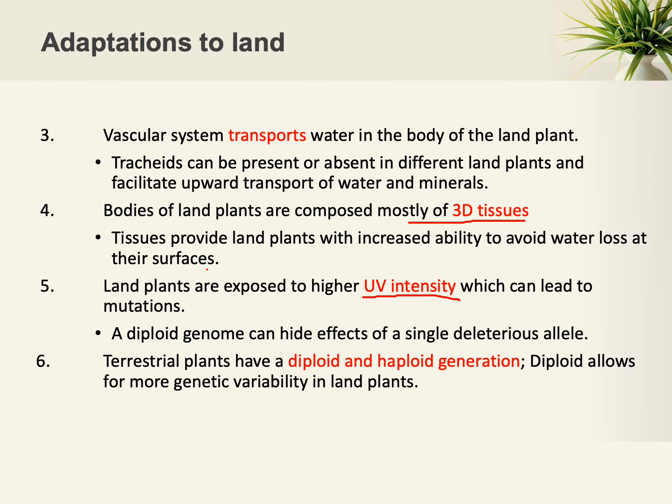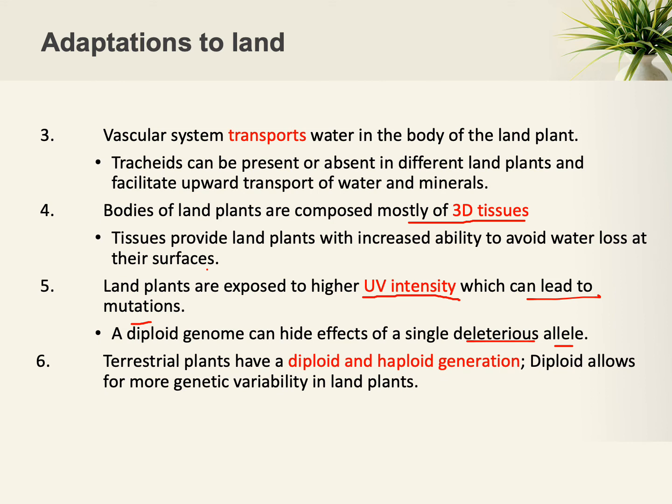However, this UV intensity can lead to mutations. By mutation, it means that there is a diploid genome which can hide the effect of a deleterious allele. The next one, terrestrial plants have a diploid and haploid generation. So there are 6 adaptations to land that you have to know.